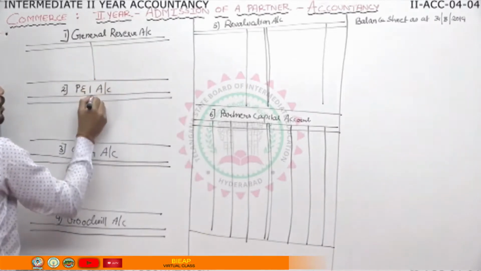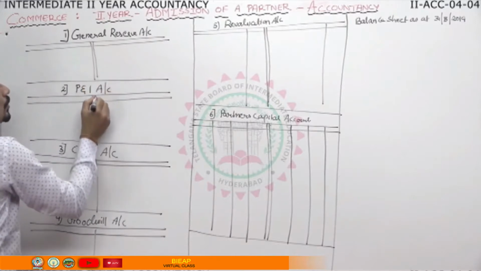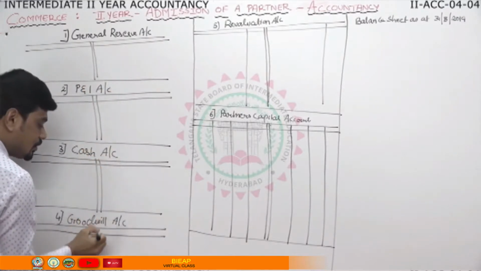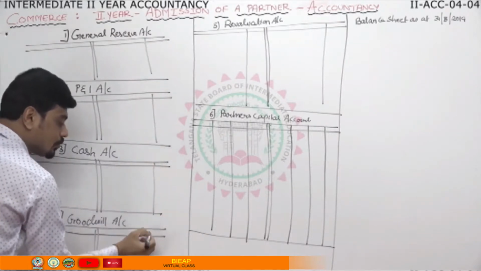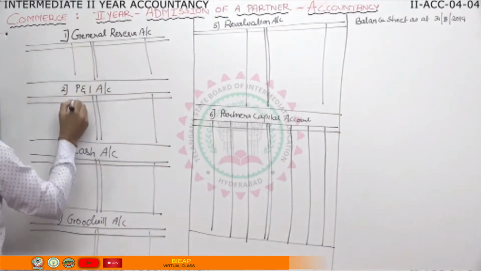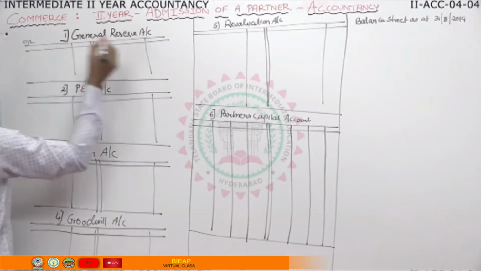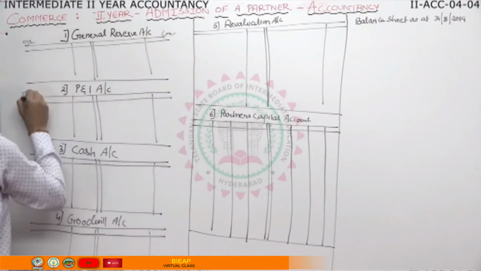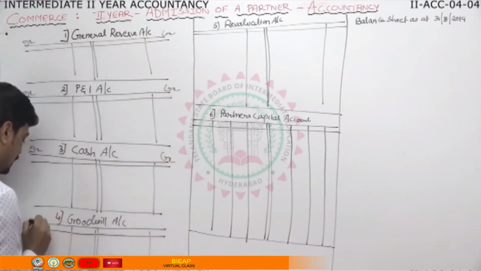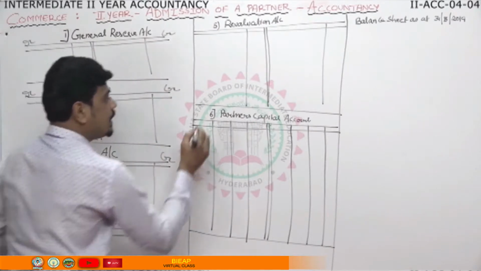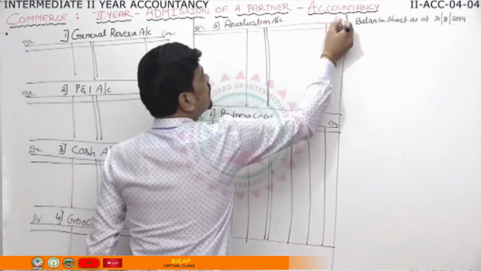Similarly, here also we are going to draft the accounts. Debit side, credit side, you all know. Everywhere you have to write debit and credit.